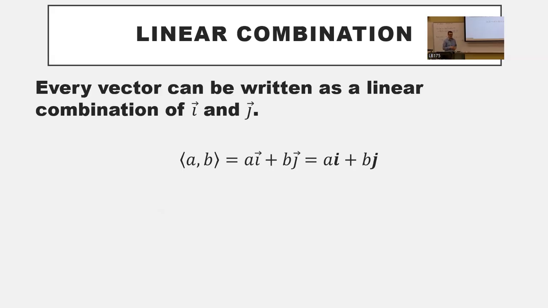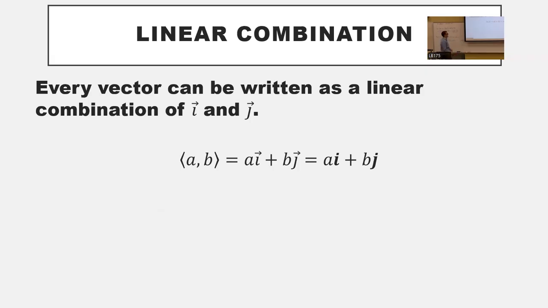Interestingly enough, every vector in standard position can be written as a linear combination of i and j in a very easy way. Okay.